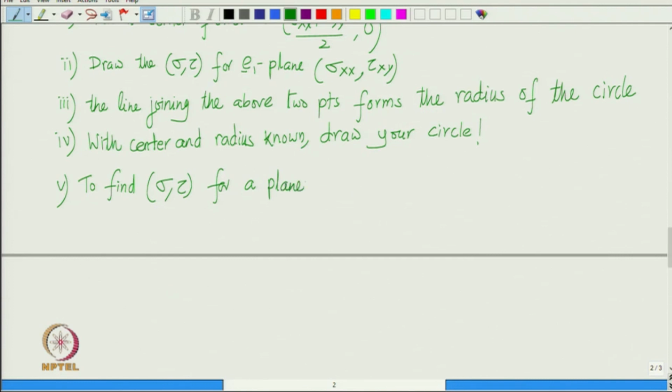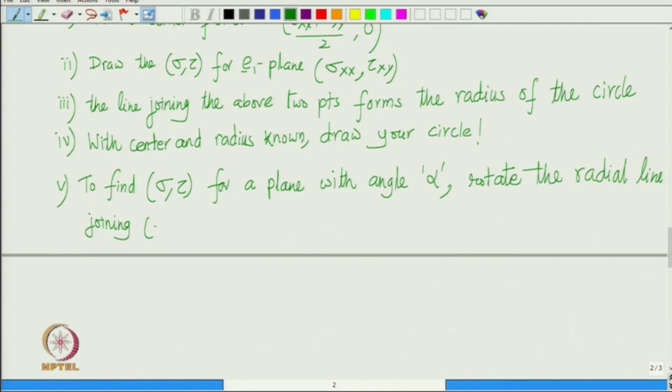for a plane with angle alpha, rotate the radial line joining sigma tau for the E1 plane by 2 alpha, but clockwise.